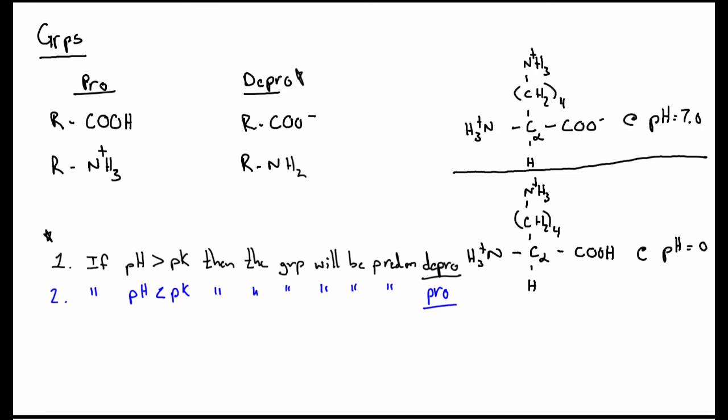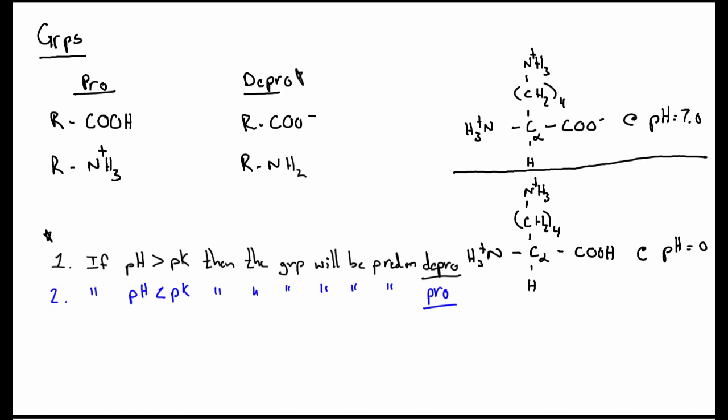Even in our last little exercise in this same worksheet, we talked about the pK representing the pH at which you have 50% of the protonated form of the functional group and 50% of the deprotonated form. So it's 50-50. Any pH below that pK is going to be predominantly protonated form, so greater than 50% will be protonated. Any pH above that, greater than 50% of the group will be deprotonated.